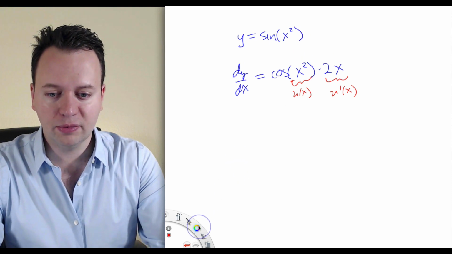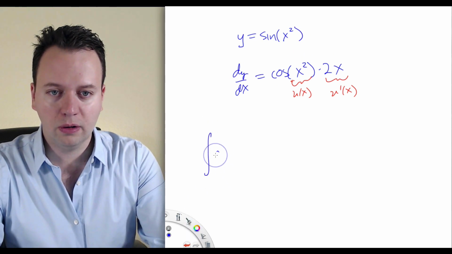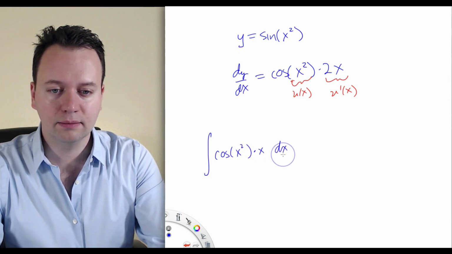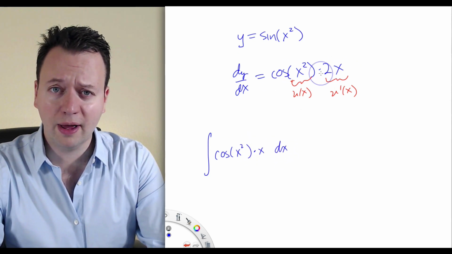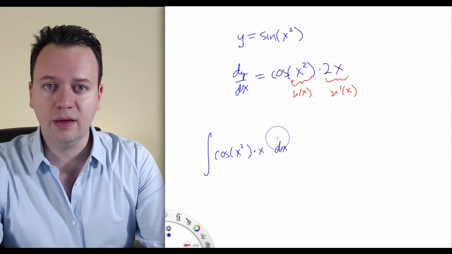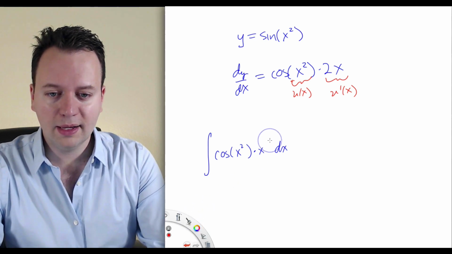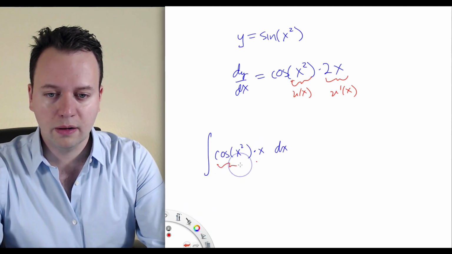So if you have something like the integral of cosine of x squared times x, which is essentially this derivative right here, except you're missing the 2, you should be able to integrate this just based on what you know about taking derivatives. The whole idea of the rule is that we call this part the major part.